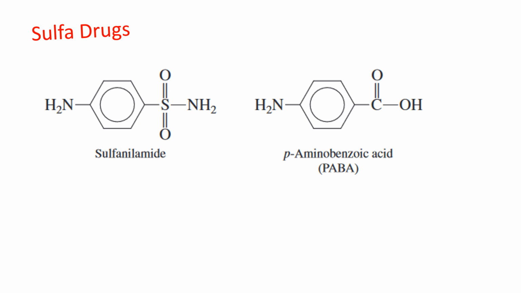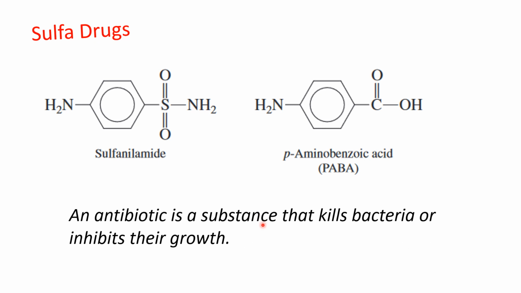An antibiotic is a substance that kills bacteria or inhibits growth. Antibiotics exert their action selectively on bacteria and do not affect the normal metabolism of the host organism. Antibiotics usually inhibit specific enzymes essential to the life processes of the bacteria.